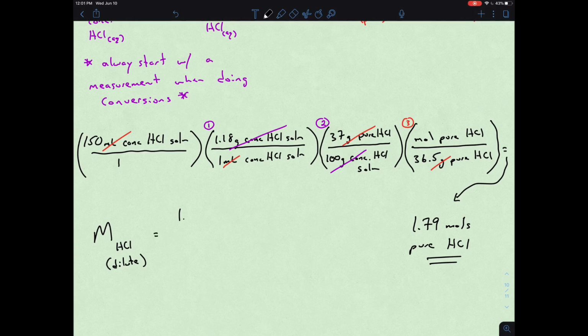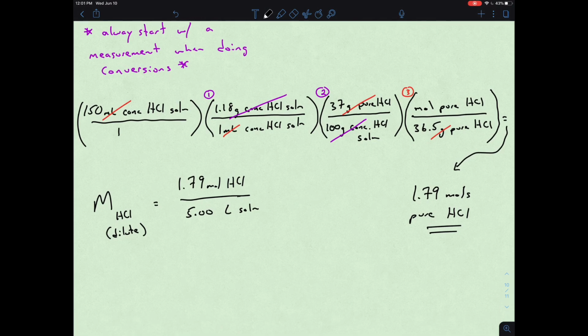We have the mole value for the HCl. We have the volume of the solution after we did the dilution. So our molarity of the dilute HCl is 0.358 molar.